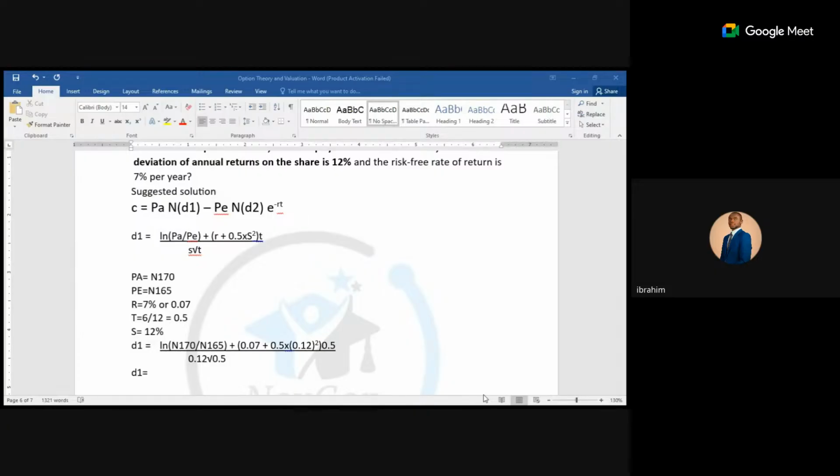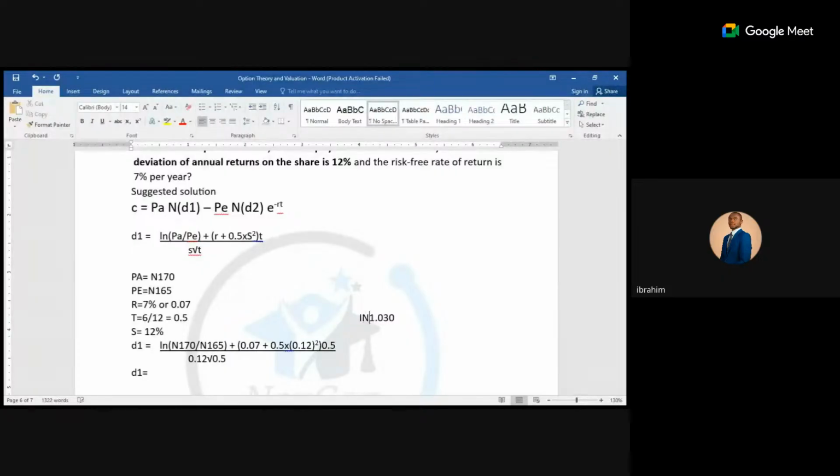What do you have? 1.0303, that is 1.030303, to 3 decimals. Right?